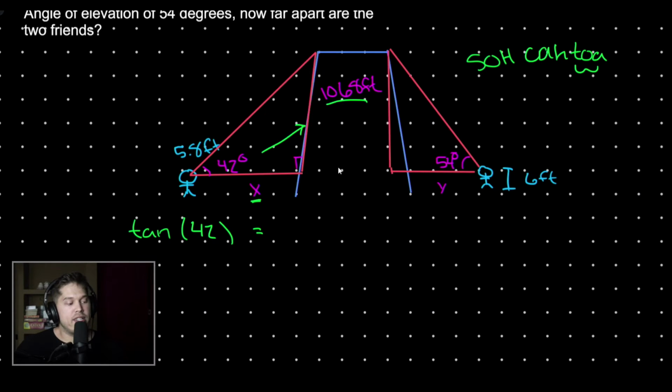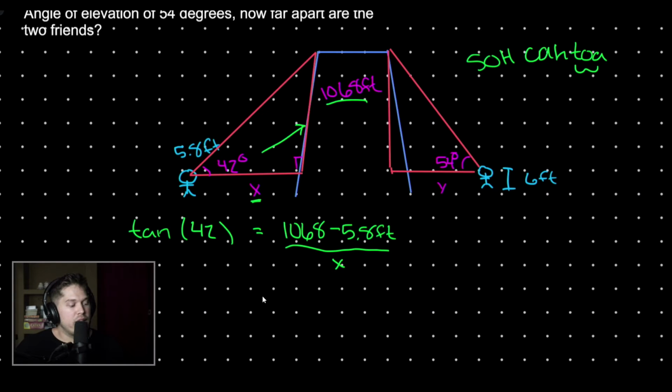Now, before you write 1068 for the height, what's the height going to be? It's going to be the height of the Eiffel Tower, 1068, minus the height of the person. In this case, 5.8 feet. So be sure to subtract the height, and then that's all over our unknown x.